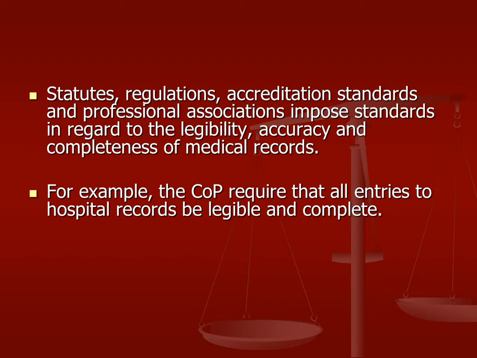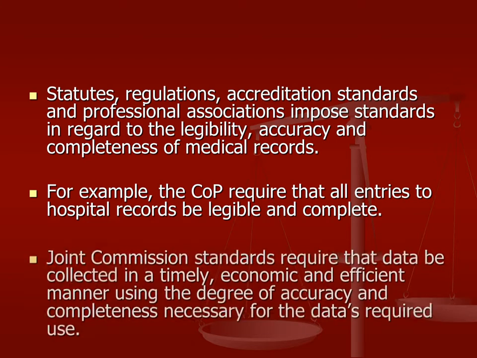Here's an example, the conditions of participation. One of the conditions says all entries to hospital records must be legible and complete. And that says a lot in that one sentence. We have to be able to read it, and it cannot be incomplete. It has to be complete.